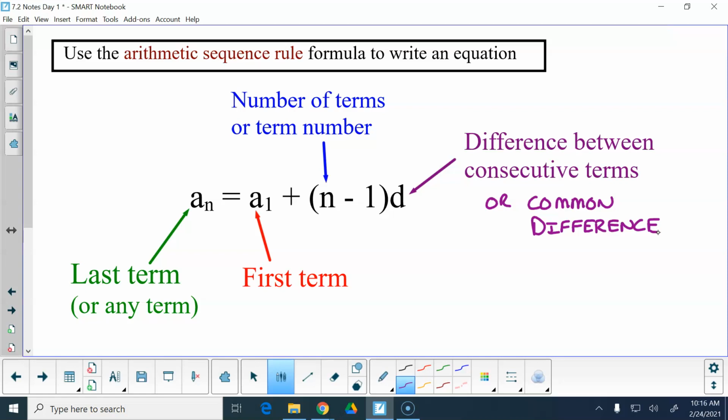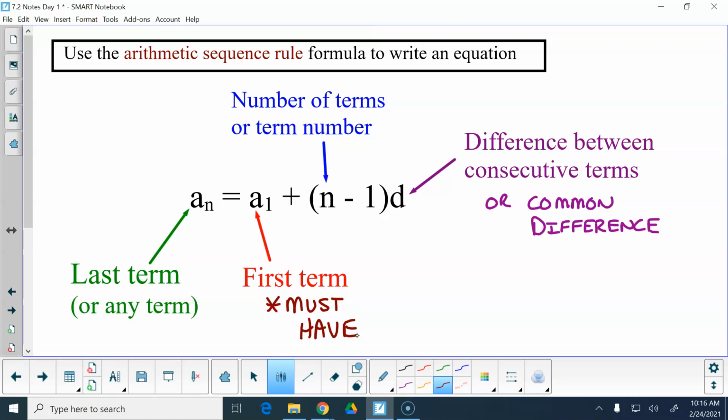So in order to find said rule, you need to have the first term.